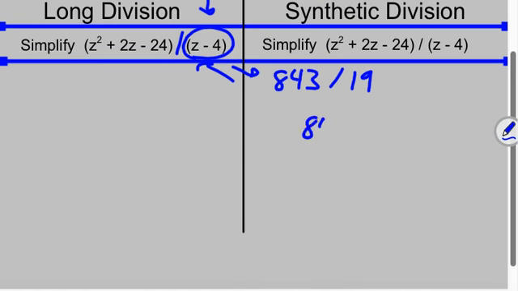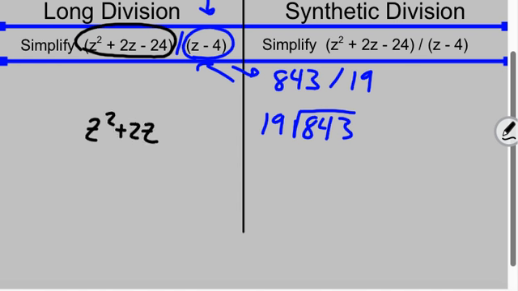You put 843 in the box, and we're dividing it by 19. Okay, and over here, we're dividing the z squared plus 2z minus 24. Put a little line through my z so I know it's not 2 minus 24. We're going to put that in the box also, and we're going to divide that by z minus 4.